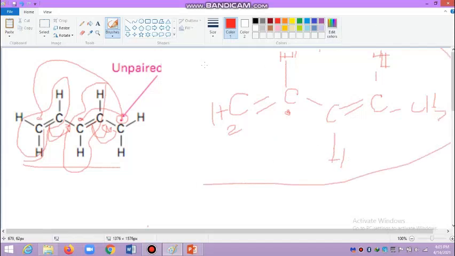So, as you can see, this is not a valid radical form because on this carbon, it has 1, 2, 3, 4, 5, 6, 7, 8, and a radical. So it has too many electrons. So it is not a valid radical form.